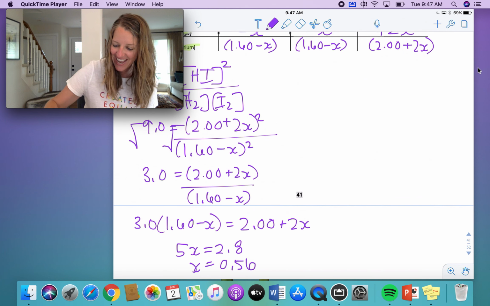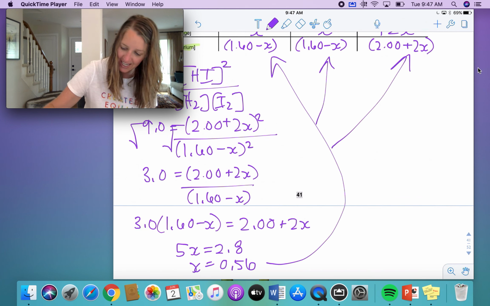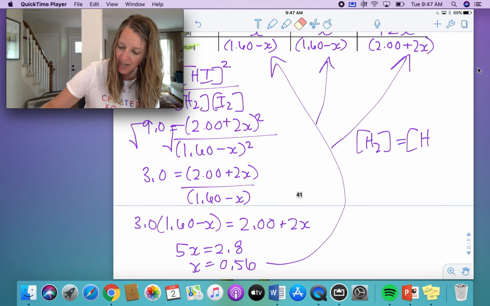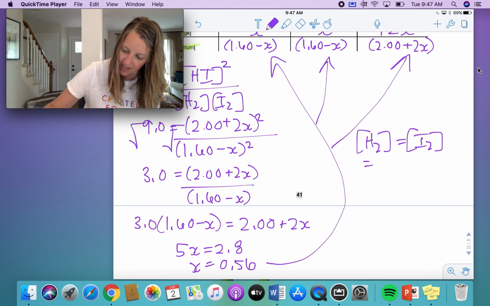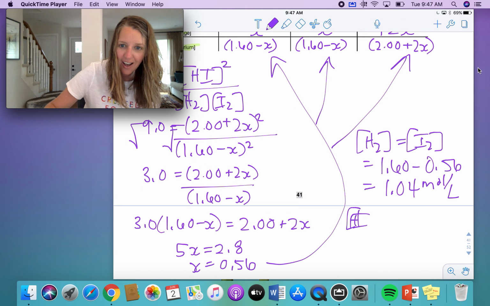Once I know what my x value is, I'm going to plug it in, and solve for my concentration of my hydrogen gas, which is the same as the concentration of the iodine gas, and that is 1.60 take away 0.56, and at equilibrium, those gases will have a concentration of 1.04 moles per liter, and plug it into your hydrogen.